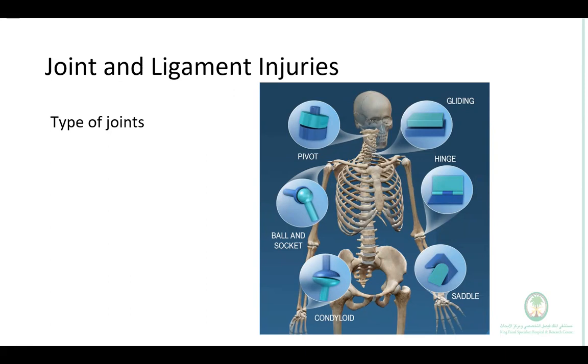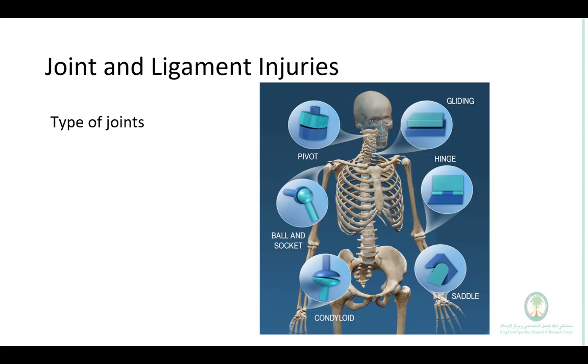It's like the hinge of a door. When you open the door, it's hinged. So for example, you have the elbow and knee, and you have unique types of injuries to these types of joints. If you know the type of joint, you would know the type of injuries that you might have. And then we have the other common type.